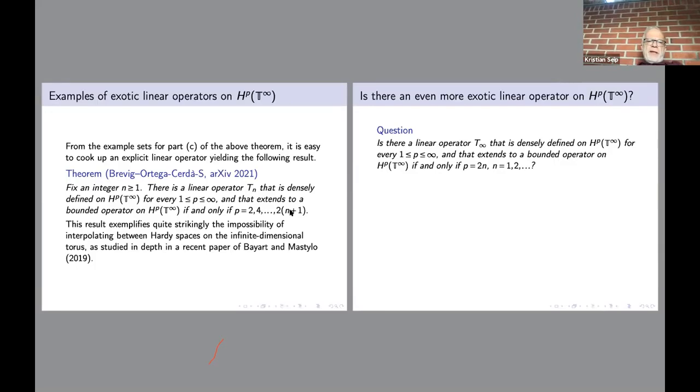We have an upper bound for the p's involved here, 2 times n plus 1. It would be interesting to know if you can go all the way, that you could actually get an operator that is bounded on H^p if and only if p is just an even integer, without this upper bound.